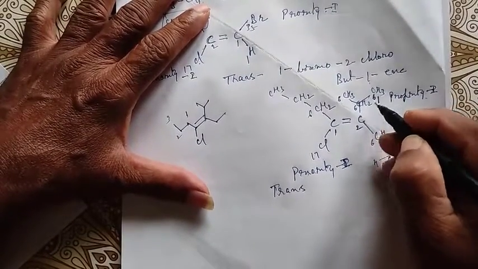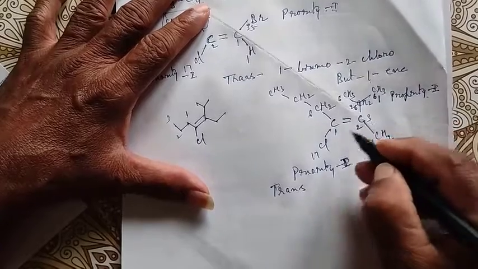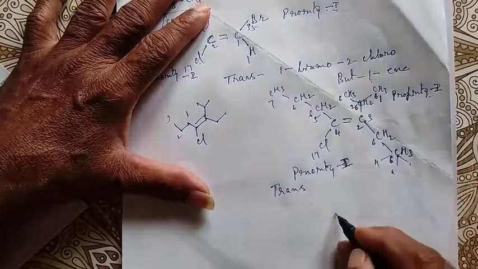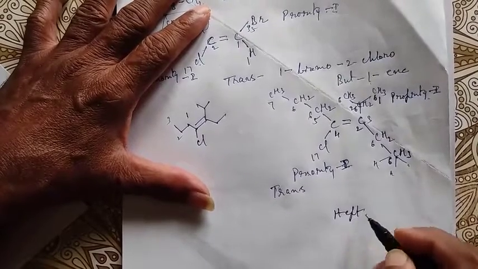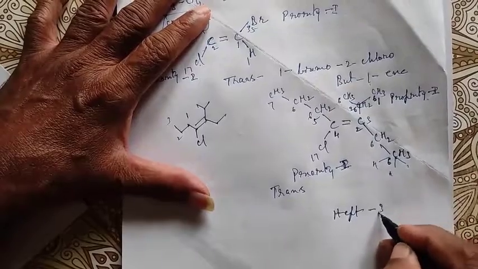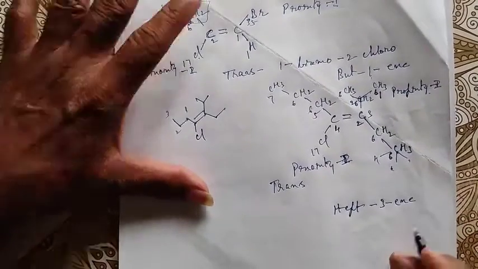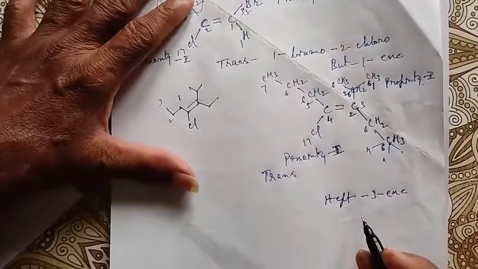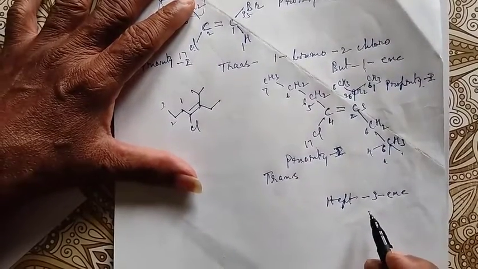This is number 1 carbon, number 2 carbon, number 3, number 4, 5, 6, 7. Therefore, this is hept. The double bond is present on first, second, third, so the long chain is hept-3-ene. On the hept-3-ene, what are the groups present?